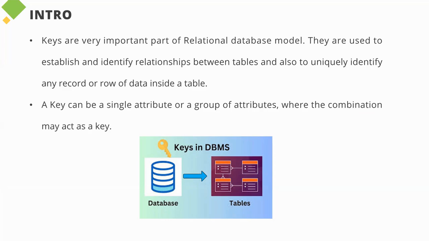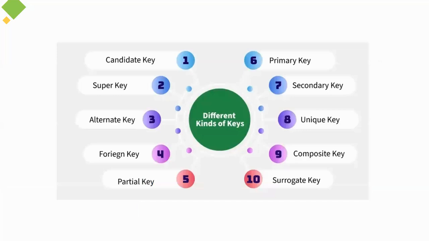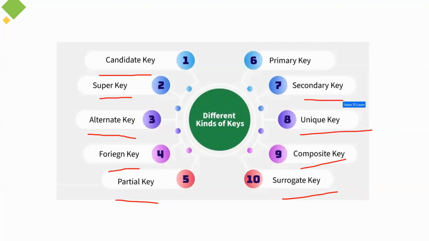A key is how we uniquely identify any record or row of data in the table. If you look at the different types of keys, we have 10 types: candidate key, super key, alternate key, foreign key, partial key, surrogate key, composite key, unique key, secondary key, and primary key.